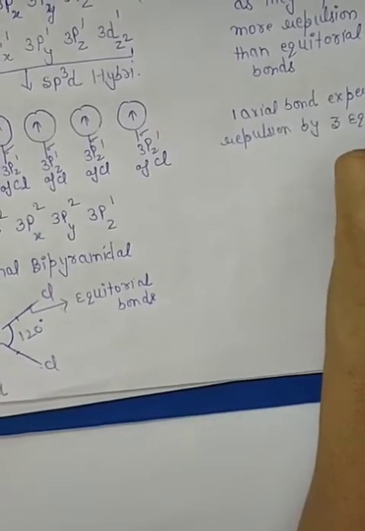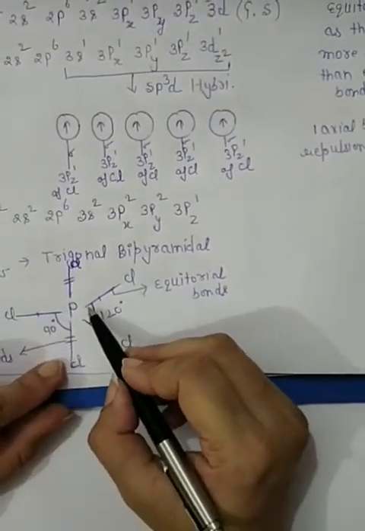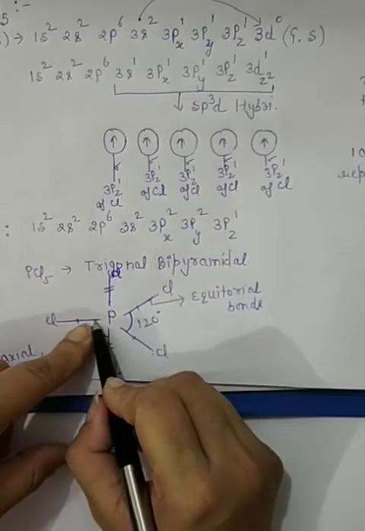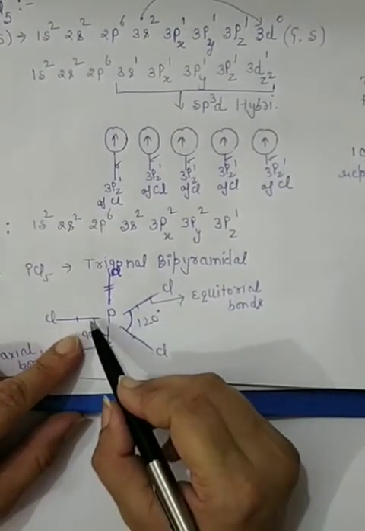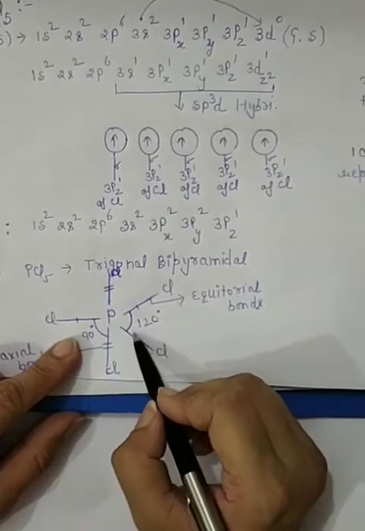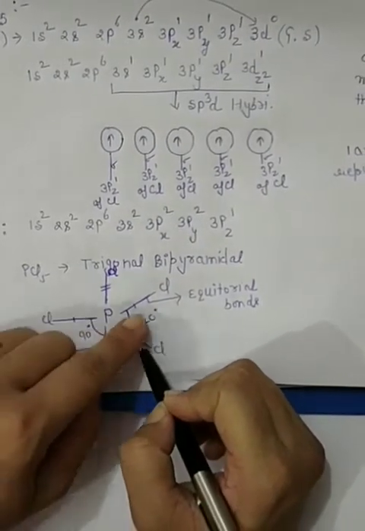equatorial bonds. And if we discuss the equatorial bonds, then these 3 equatorial bonds are oriented in a direction with respect to each other such that they have the minimum repulsion.